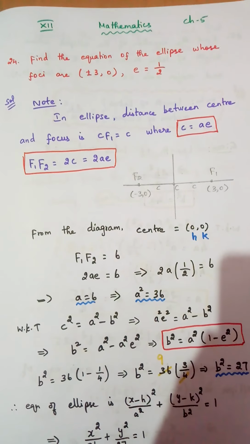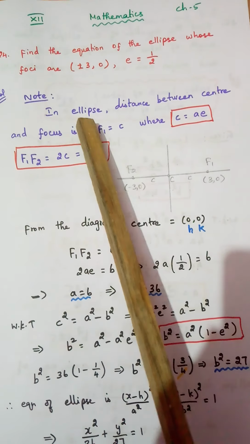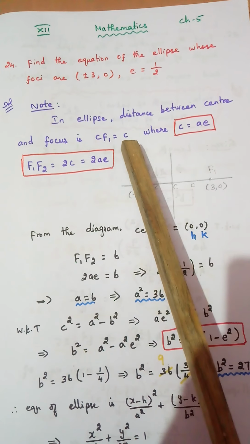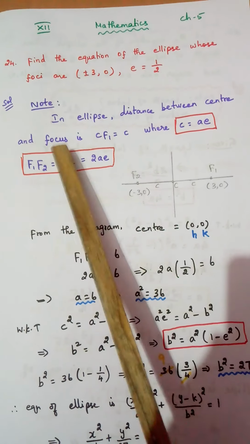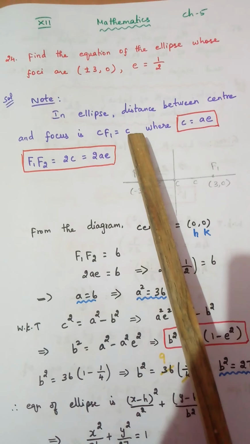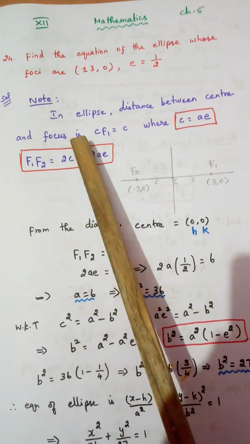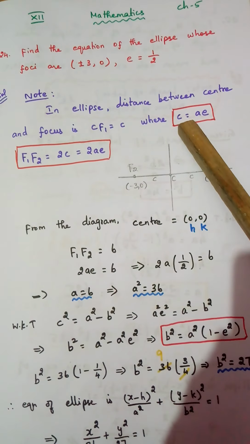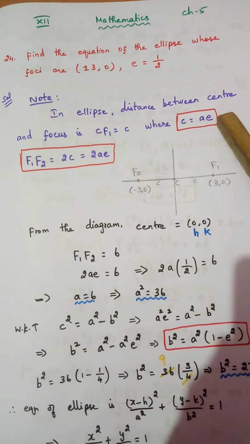Now, related with ellipse, we need to know one more thing. In ellipse, the distance between center and focus, CF1, is equal to c. This we already know. If you see the diagram of the theory class, you will understand what c is. c is nothing but the distance between center and focus. c can be expressed as a into e.